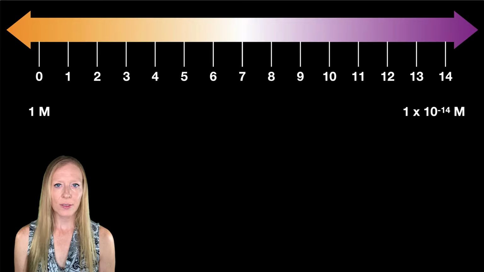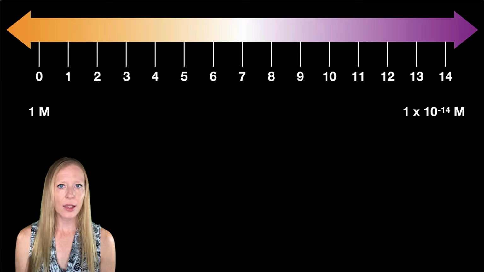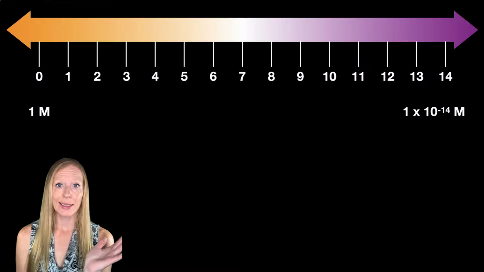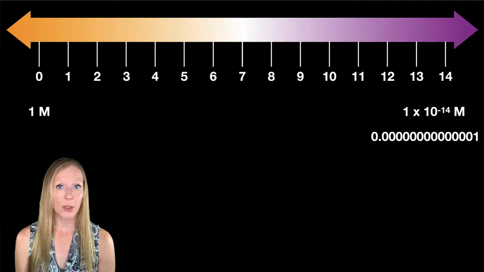Because pH is going to vary from 0 to 14, and that is going to correspond to a molar concentration of 1 molar hydrogen ions to a molar concentration of 1 × 10 to the -14, or in other words, this number. And that would be really hard to represent in a conventional line graph, so we're going to use a logarithmic scale instead.